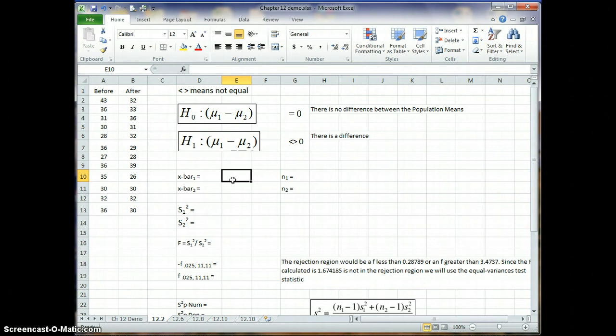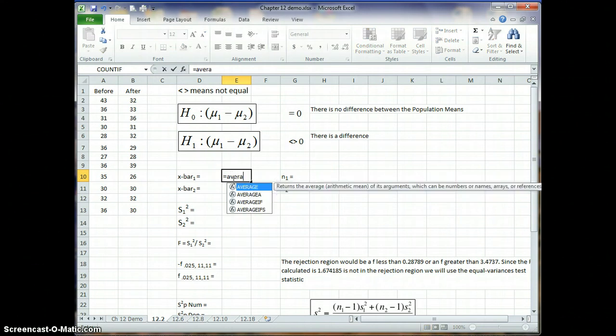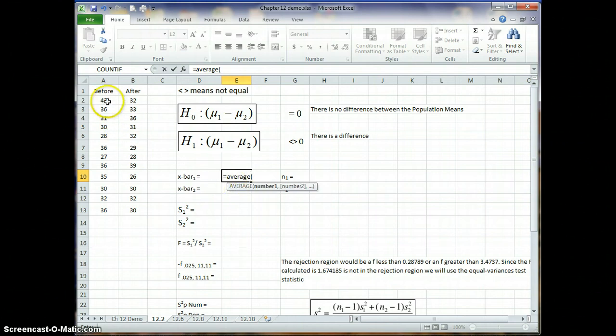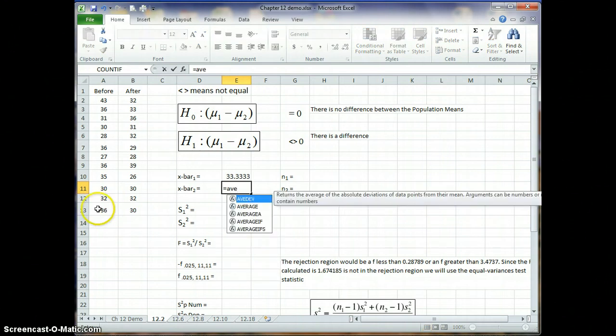So we're going to start by calculating the sample mean in cell E10. So we go equal, average, and we're just going to select A2 to A13, hit enter, and we come up with 33.333. And now we want to do x bar 2, which is the after. So again, equal, average.